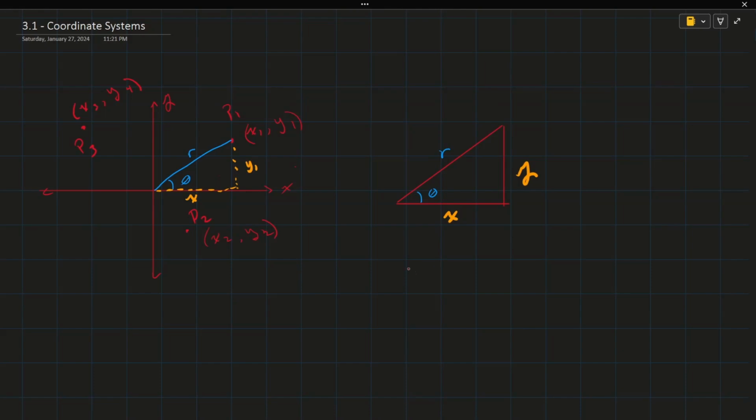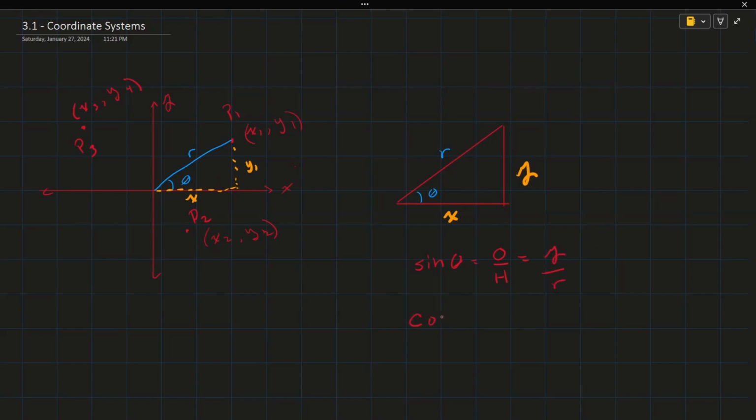So we know that the sine of theta is equal to opposite over hypotenuse, right? O over h, which in this case, our opposite is our y value, and our hypotenuse is our r value.